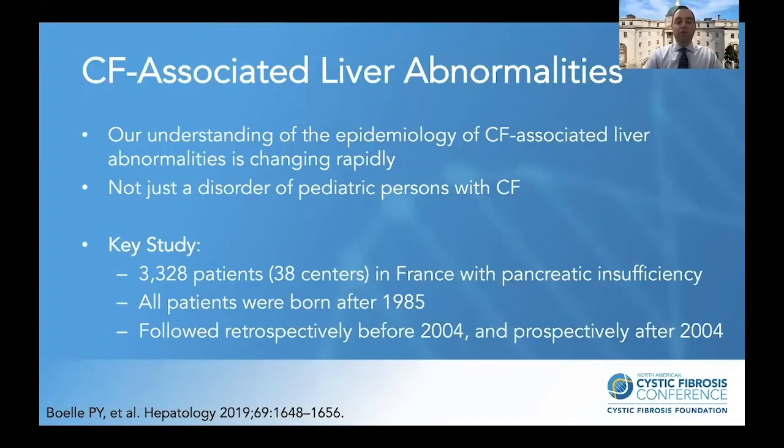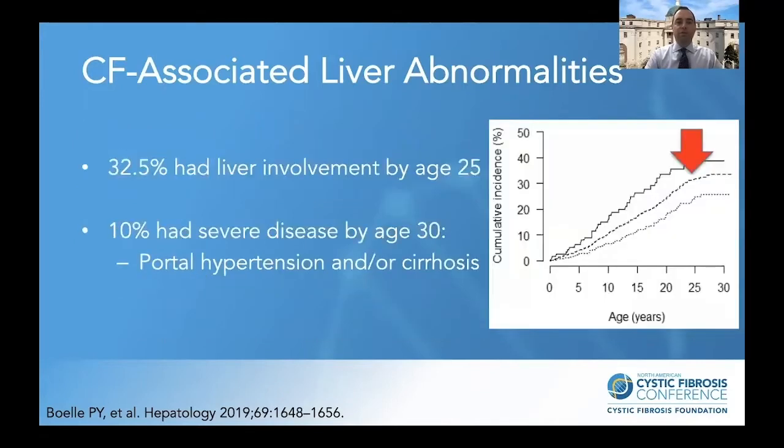One key study of over 3,300 patients studied in over 38 centers in France looked at the increasing prevalence of CF with liver abnormalities in patients. In this cohort, patients with pancreatic insufficiency born after 1985 were followed retrospectively before 2004 and prospectively after 2004.